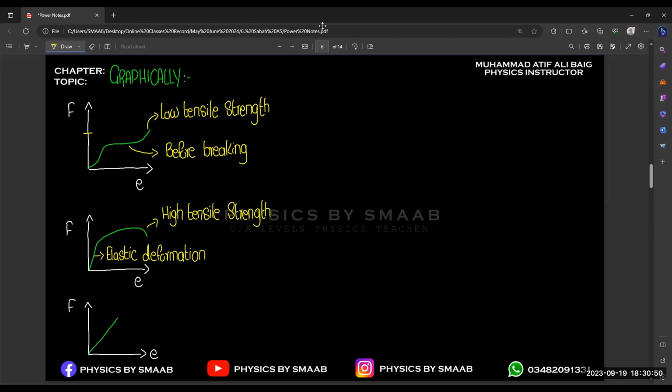And the third one is just for a simple material, just like the example of a spring, as we already discussed in our previous concept. So again, initially we are having elastic deformation, and after a certain point, you will get your limit of proportionality, right?